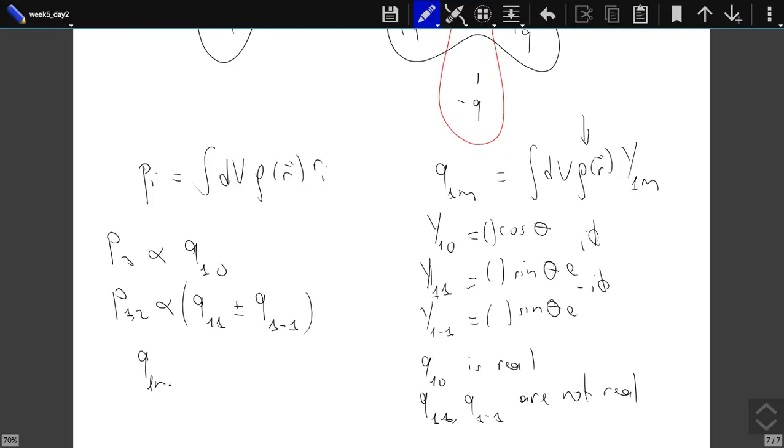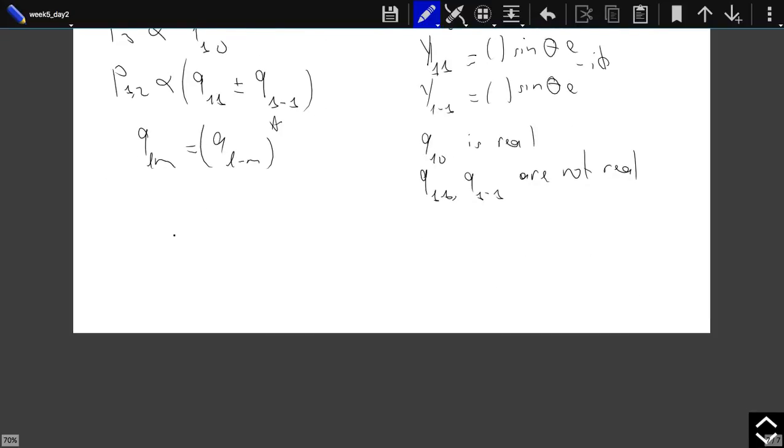And in fact, Q_lm is equal to Q_l minus m complex conjugate, if I'm not wrong. So you see, Q_11 plus Q_1 minus 1 is nothing but the real part of Q_11. That is p_x. The imaginary part of Q_11 is p_y. The real and imaginary parts correspond to the x and y components.